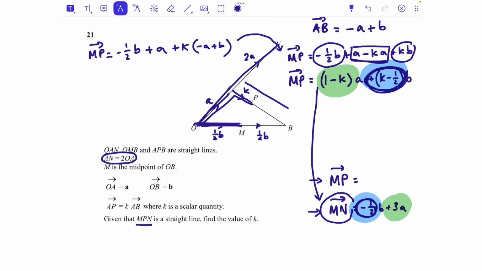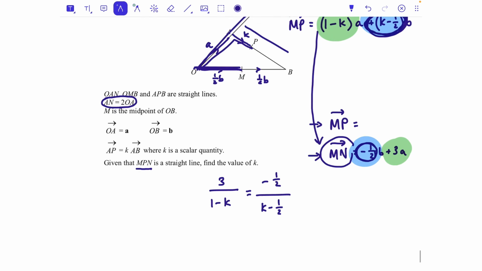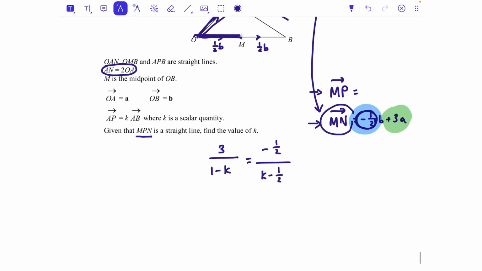So I therefore can write 3 divided by 1 minus K is equal to minus a half divided by K minus a half. So I've done green divided by green. The scale factor of that must be equal to the scale factor of blue. And then it's just our job to sort this out.